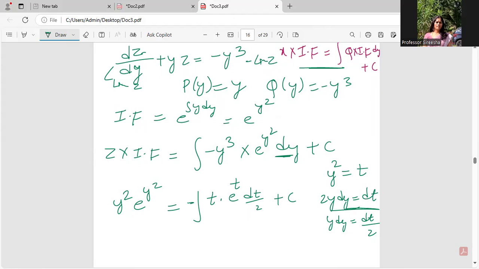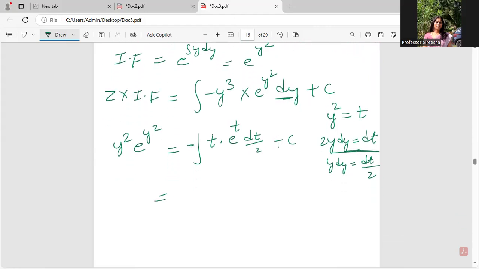Using Leibniz integration rule, I'll be solving it. Okay. T is u. This is v. Minus 1 by 2, I'll take it out. T into e power t derivative is e power t only. Minus t derivative is 1. E power t derivative is e power t only. Plus c. I'll replace back all the values. I've finished replacing back z.